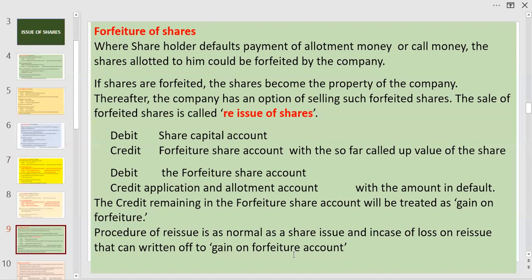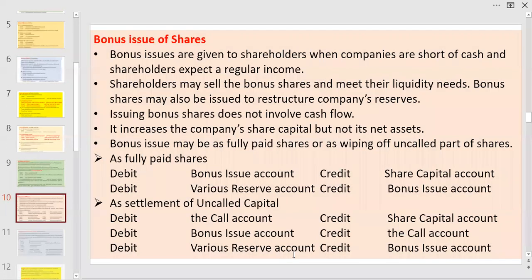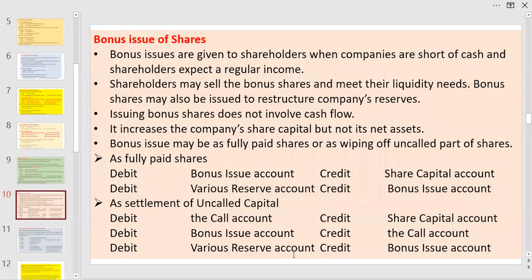The next circumstance is bonus issue of shares. Bonus shares are made to the shareholders free of charge when the company thinks it is prudent to keep the liquidity within the company or for restructuring of capital and reserves.